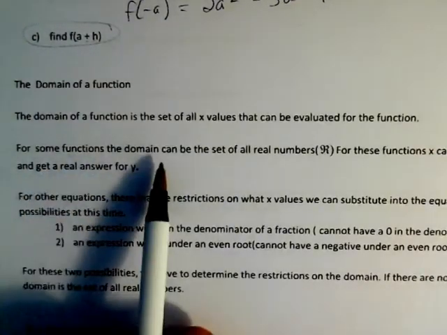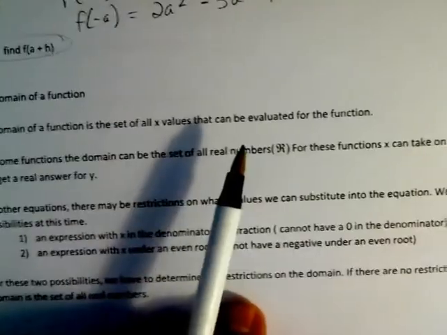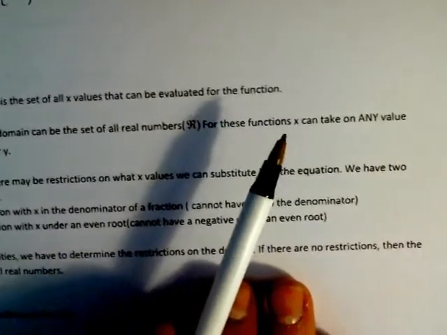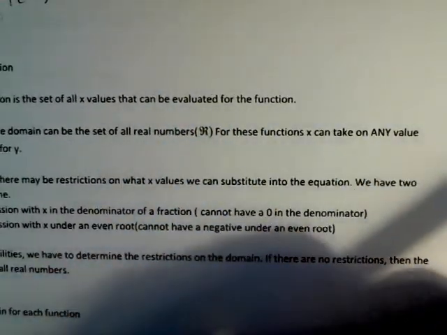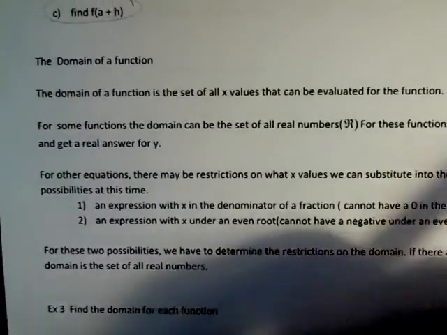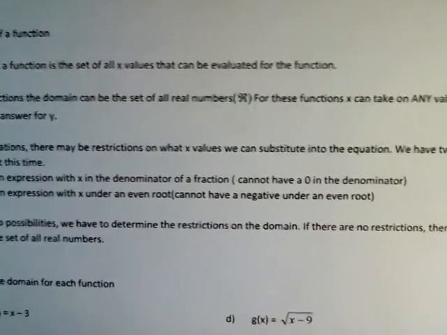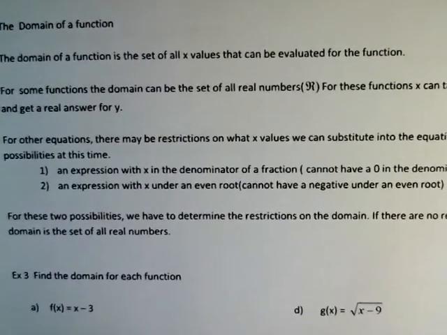So for some functions, the domain can be the set of all real numbers, and that's that funny looking R. And what we mean is that x can take on any value, and we can get a real answer for y. For other equations, there may be restrictions on what x values we can substitute into the equation. And we have two possibilities at this time.